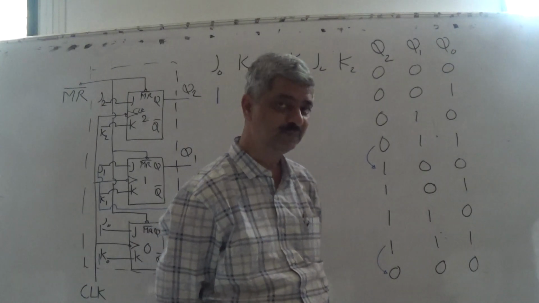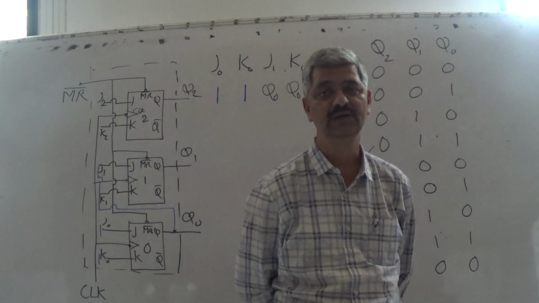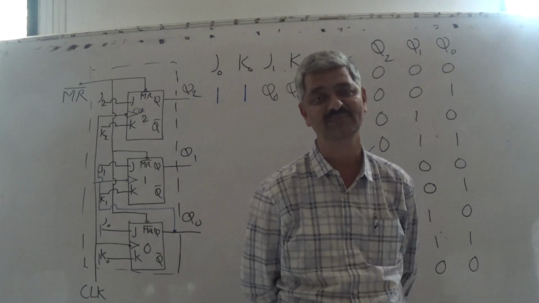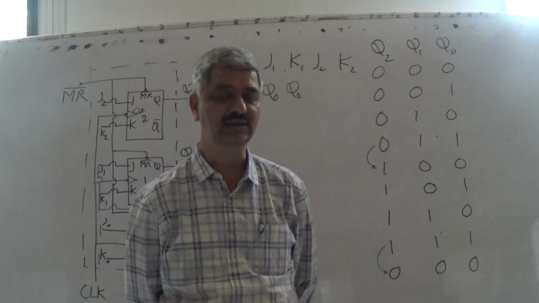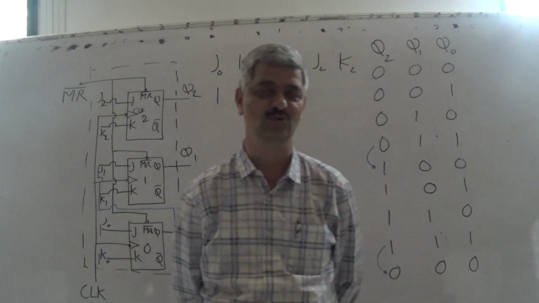So if Q1 and Q0 are 1 1, then J2 and K2 should be 1 1. If any of them is 0, then J2 and K2 should be 0.